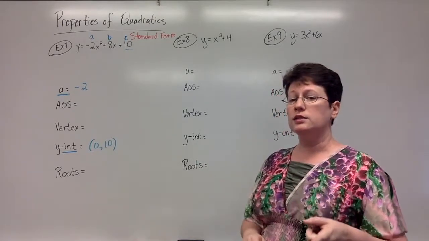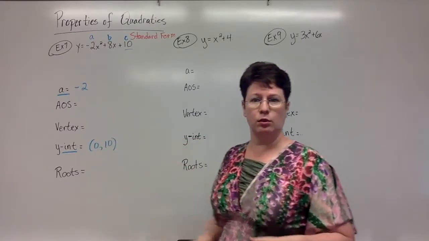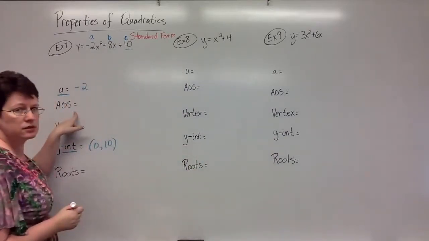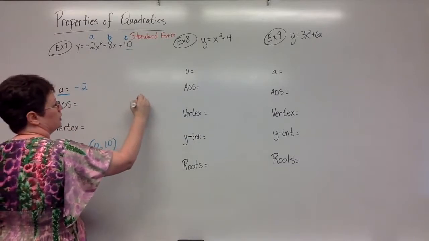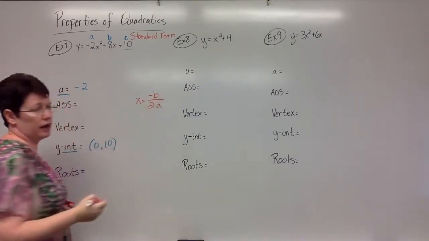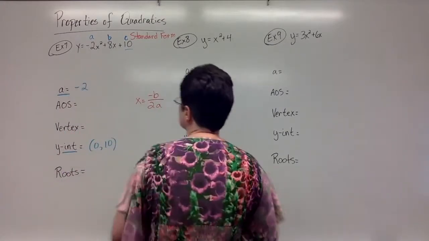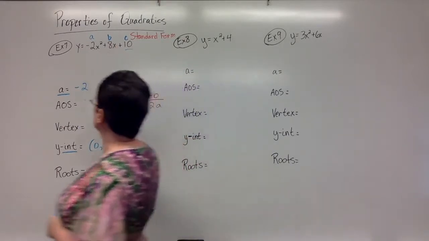But we can still find the axis of symmetry, the vertex, and the roots. So let me show you how we do that. The axis of symmetry has a little formula. That formula is negative b divided by 2a. Okay? Negative b divided by 2a. So let's look at that. What is b? b is 8.